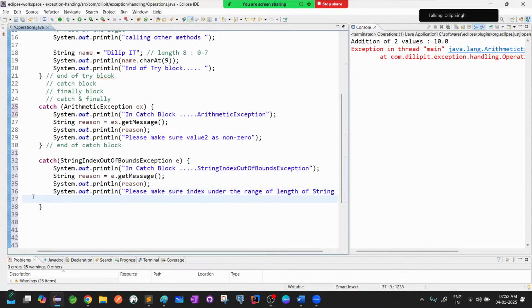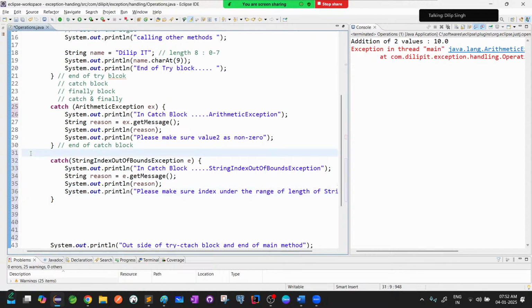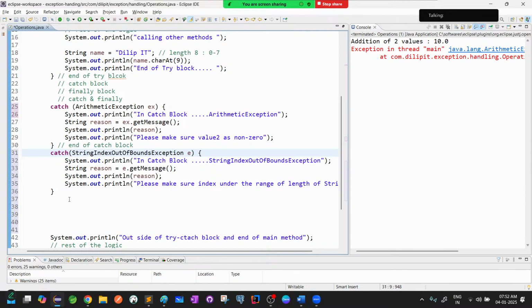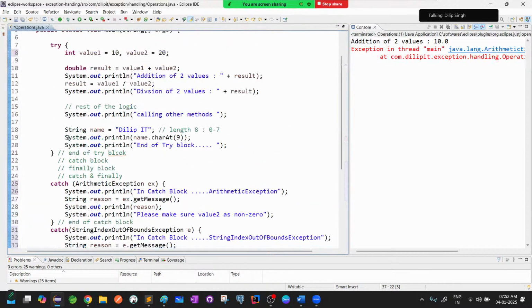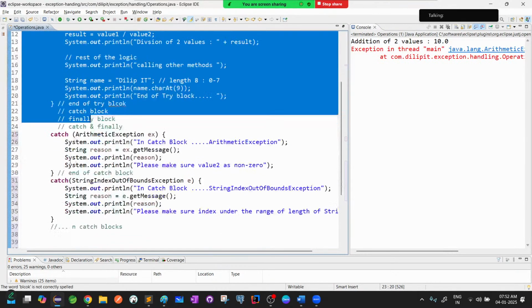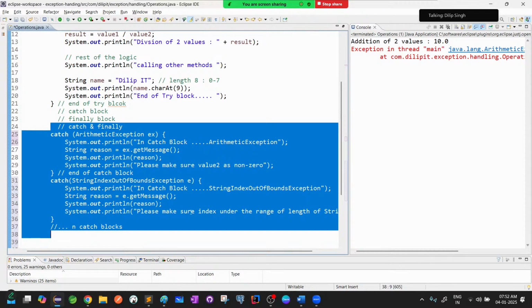So now your try block has two catch blocks. You can write n number of catch blocks. So one try block, but two catch blocks.